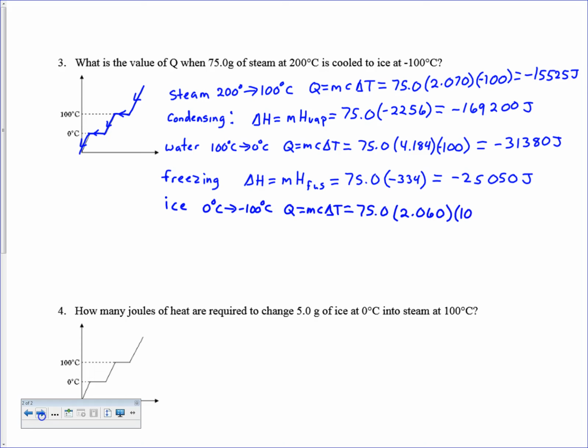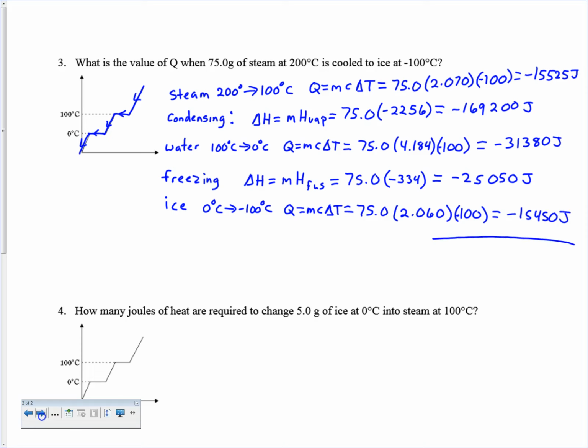Delta T is 100. We multiply all those together. Oh, yeah, sorry, it's negative 100 again because it's going down in temperature. So we get negative 15,450 joules. All right, so that's all 5 steps.